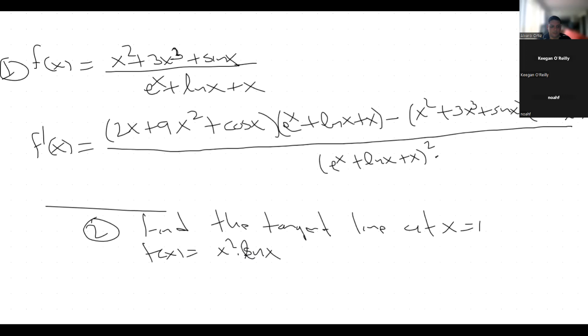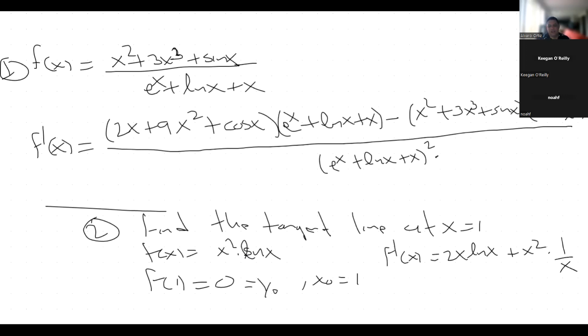For example, f of 1 is clearly going to be 0, just because log of 1 is 0. And this is my y0 point, where my x0 is going to be, of course, 1. Now my f prime is going to be 2x log of x plus x squared times 1 over x. And so in this one, you might want to simplify before actually plugging. So this will be 2x log of x plus actually x. So that will be the simplification.